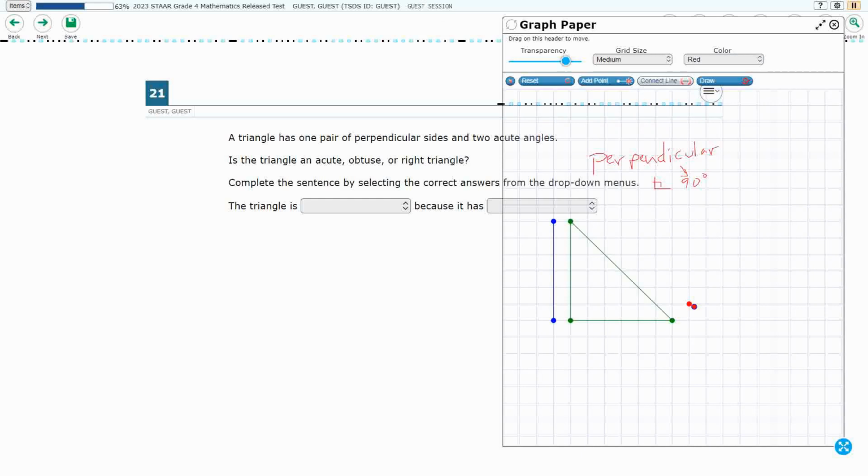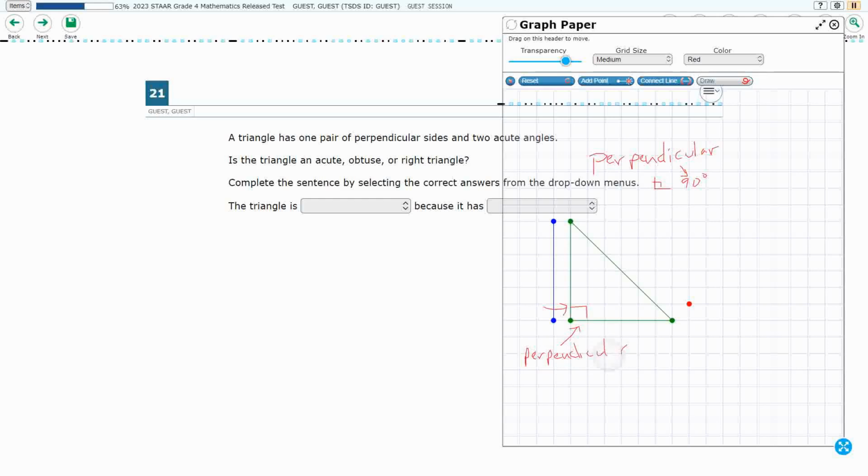We've already seen that when we have a perpendicular set of lines here, it's going to make a square corner or a right angle. So we've got that right here. These two lines right here are going to be perpendicular because they form a right angle.